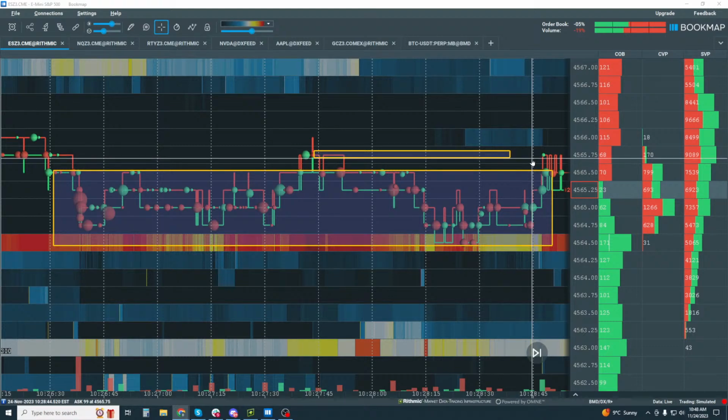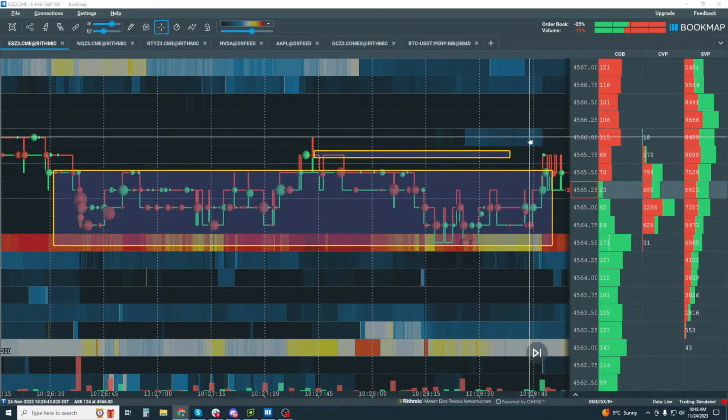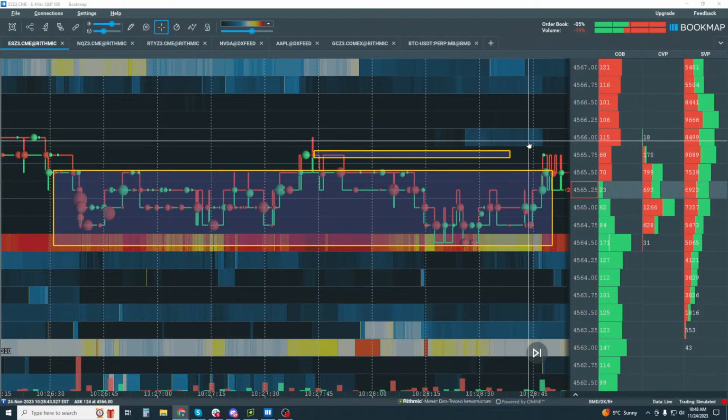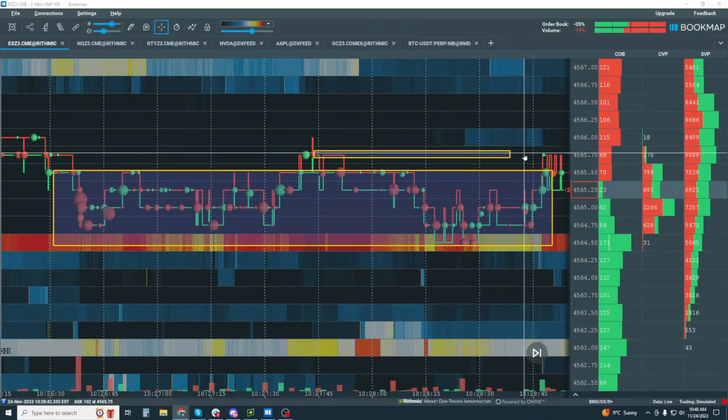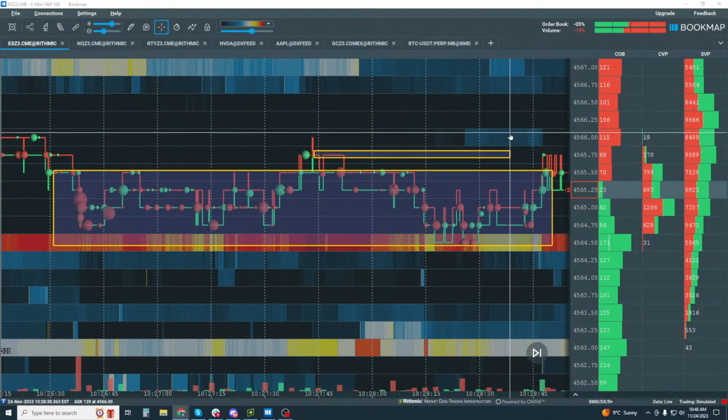Market makers and professional traders, you hear about stop runs and really nasty activity, just annihilating the retail traders. Well, it's pretty simple.